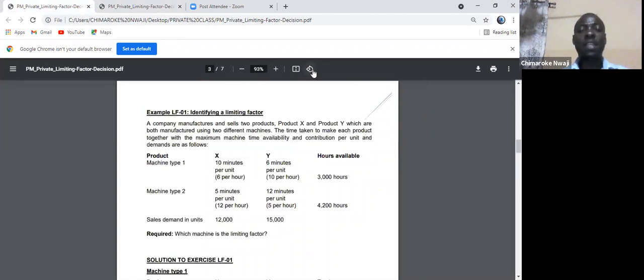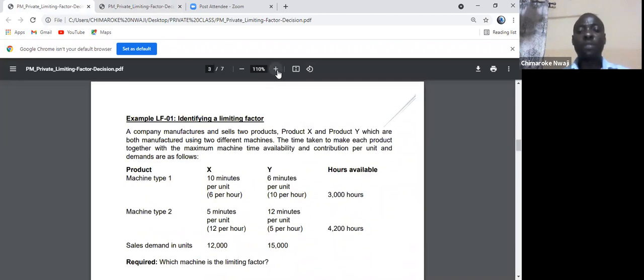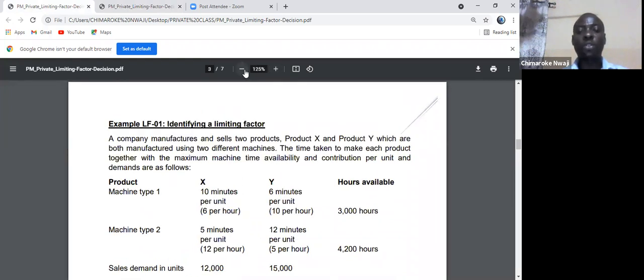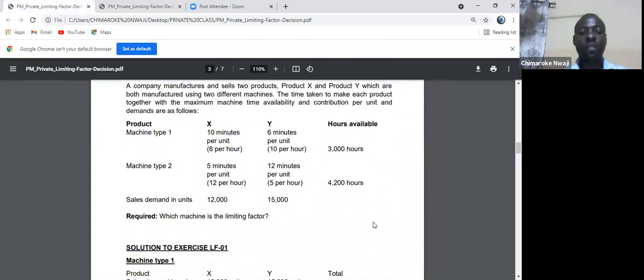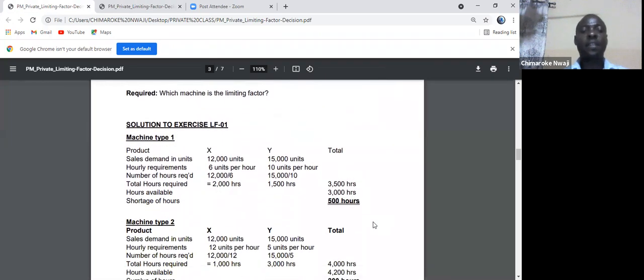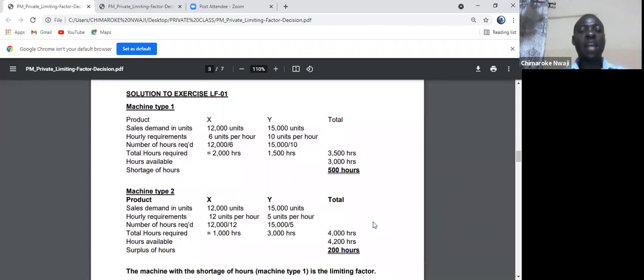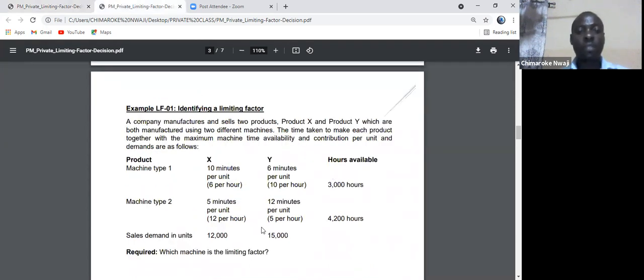What is the technique when you are given more than one factor and you don't know which one of them is the limiting factor? All right, look at the solution here. You take the machines one after the other. Machine type 1, these are the products X and Y. We see that their sales demand for product X is 12,000 units, for Y is 15,000 units, right?